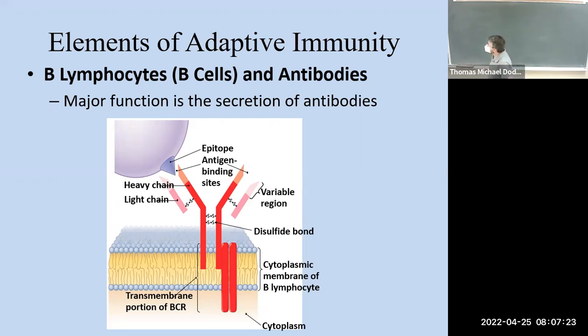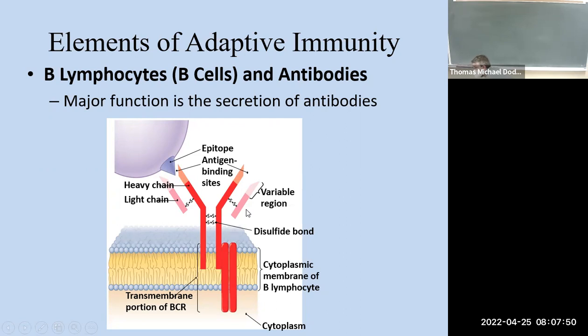Now with B cells, one of our two lymphocytes that we talked about, I want you to look again at this. So here we've got this thing jutting out of our cell membranes, out of the B cell itself.